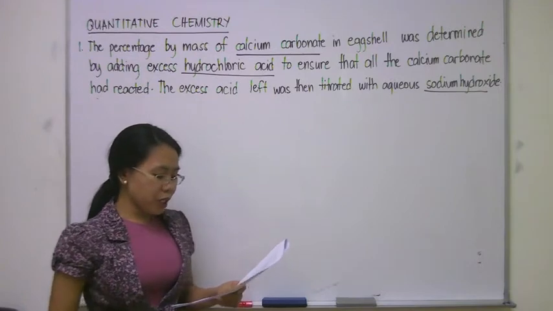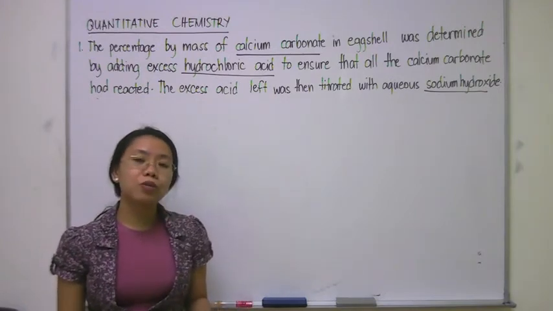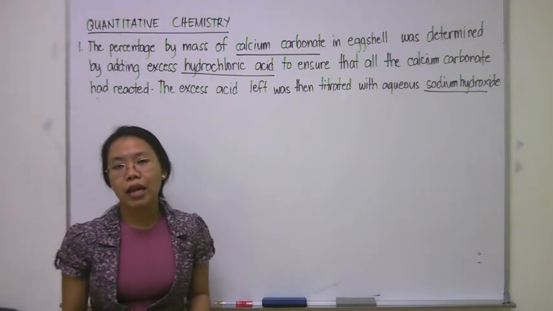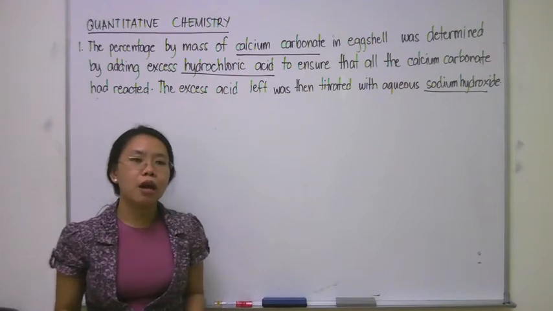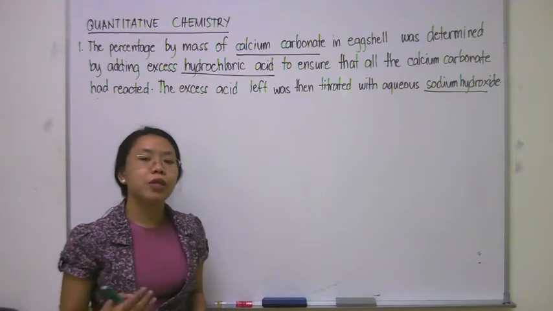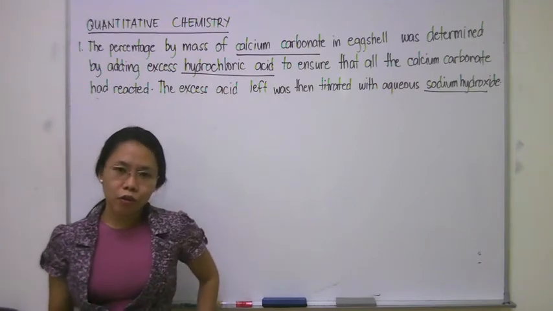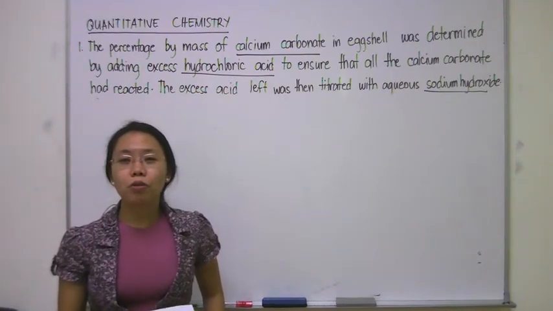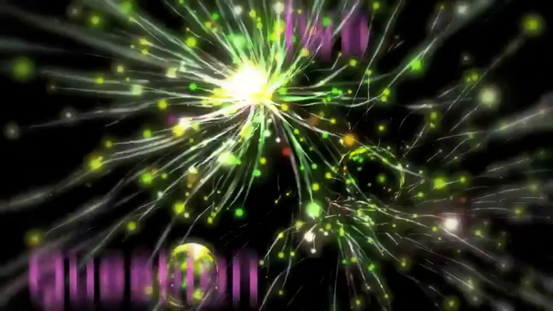To accept our data, we need to assume that only calcium carbonate reacts with HCl, and if there are any impurities, they are inert or will not react with HCl, because our basis in calculating the moles of calcium carbonate is based on the moles of HCl reacted on the eggshell.